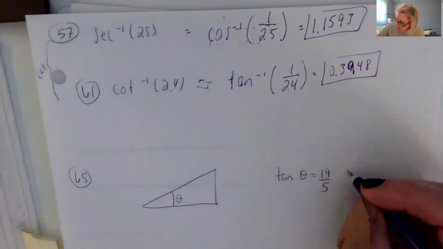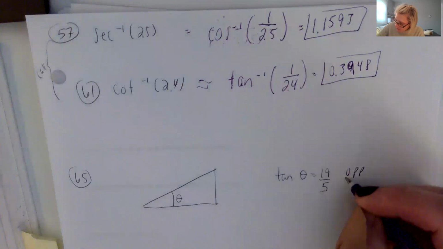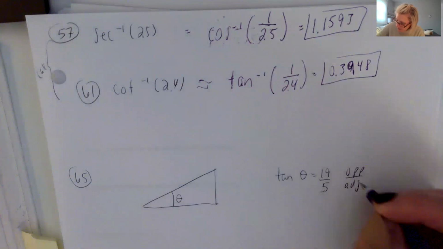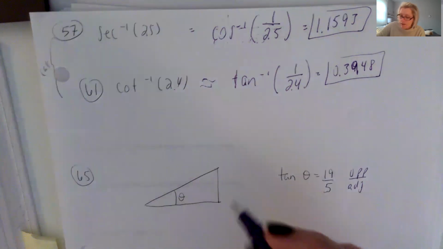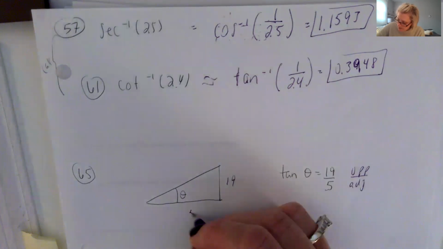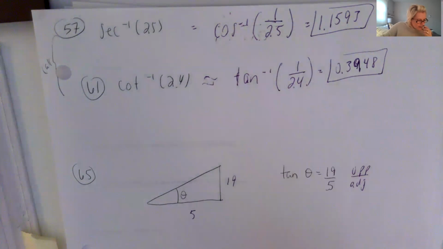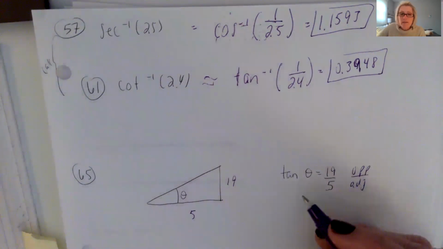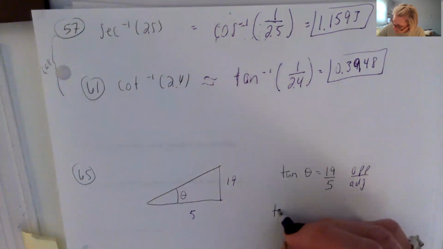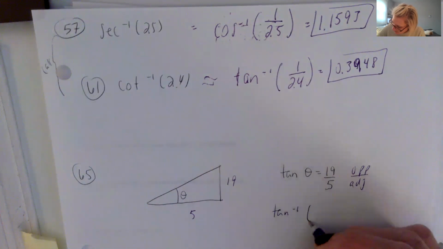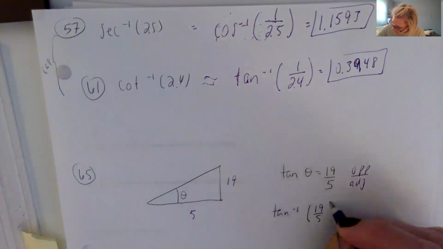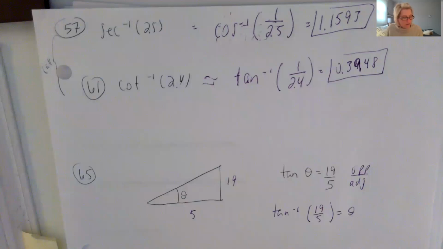So tangent is always the opposite over the adjacent of the angle. So the opposite would be the 19 over the adjacent side. And it says find the angle of that. So we're going to do the inverse tangent of 19/5 to find out the angle.